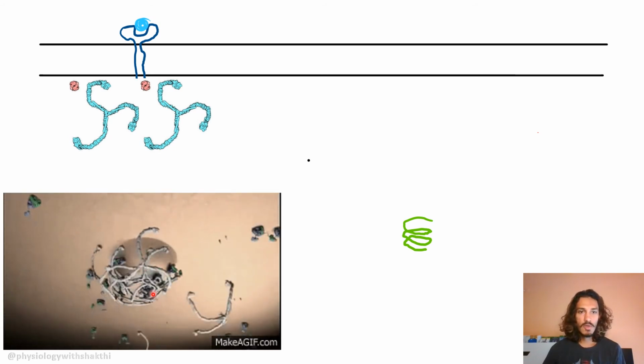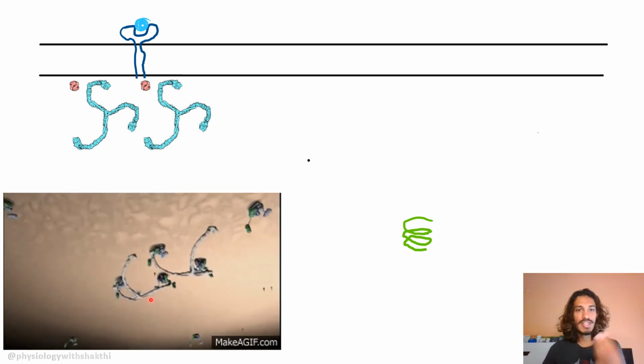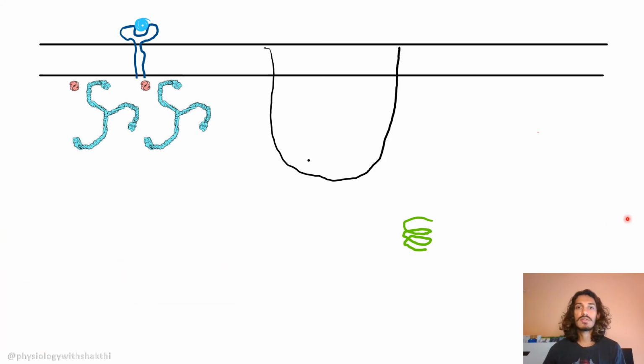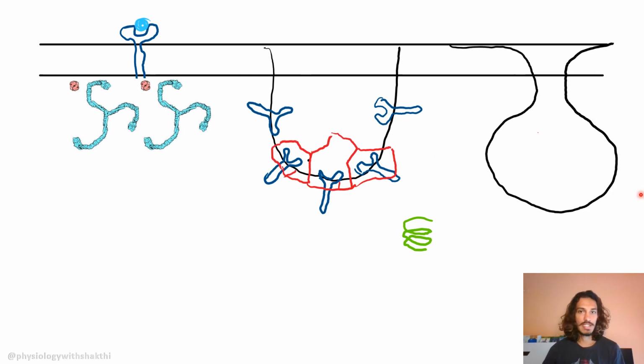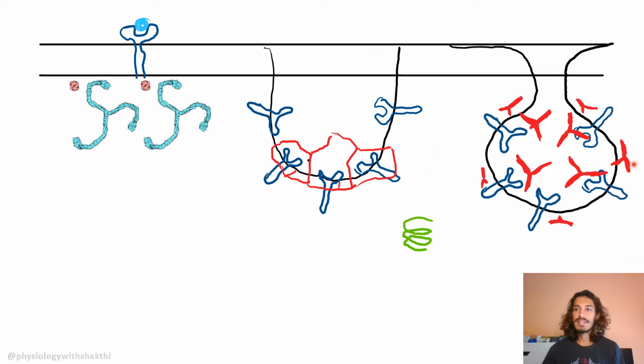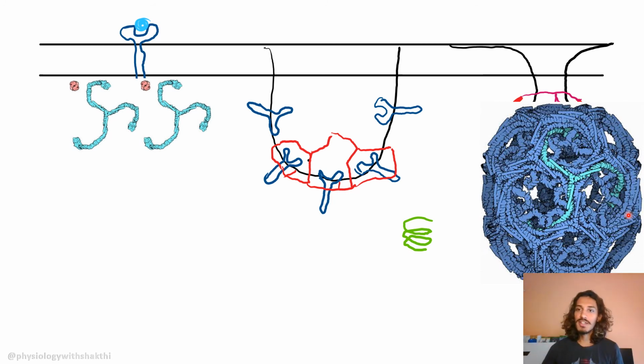You can see how the triskelion structure starts to form a cage and gets internalized along with the receptor, forming a cage-like network. To give you a better understanding, the triskelion structures are connected through the linker region, and it finally forms a structure like this so that it can go in.